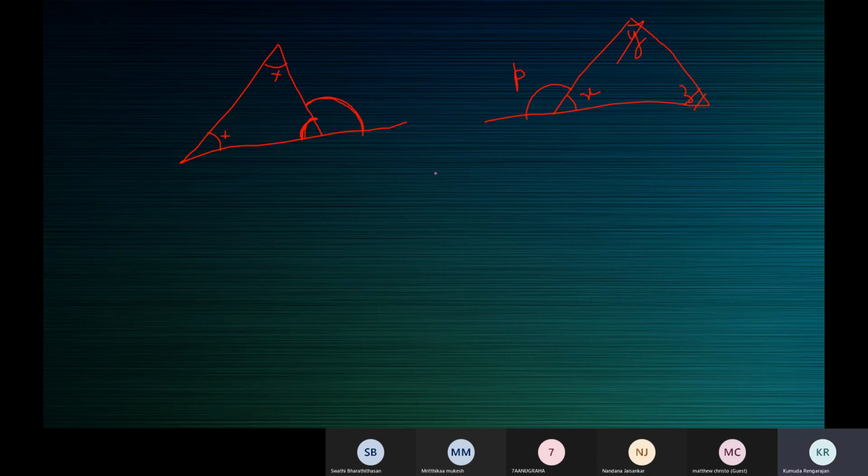So the exterior angle P, we say the exterior angle P is equal to the sum of the two interior opposite angles. P is equal to Y plus Z. If you want to find the measure of P, it is equal to Y plus Z. Exterior angle is P. Y and Z are the interior opposite angles.